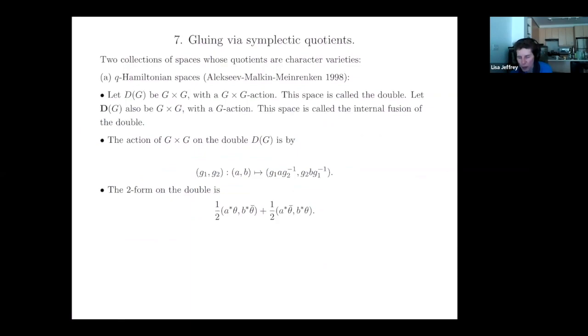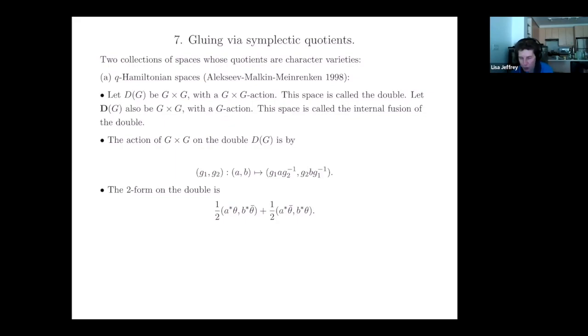So I wanted to describe how some of these results appear also in the work of Alekseev, Malkin, and Meinrenken on quasi-Hamiltonian spaces. We introduce what's called the double. These are two different notations, in which the spaces are the same but the group actions are different. Here you have an action of G cross G. And here, again, the space is still G cross G, and you're really using the diagonal G action.